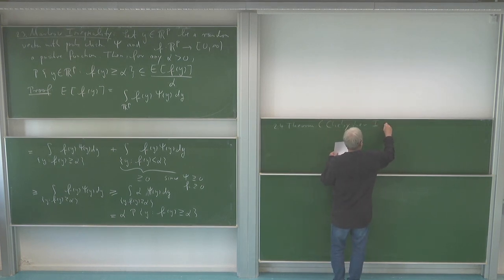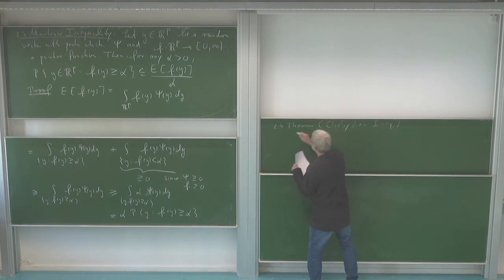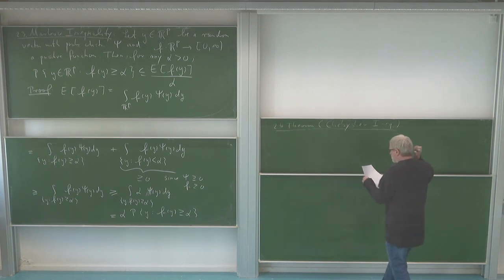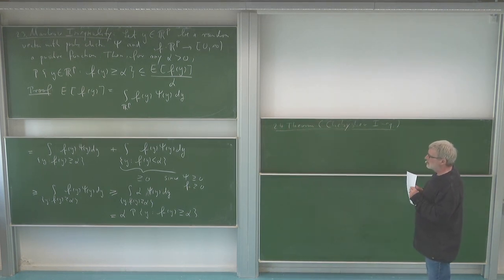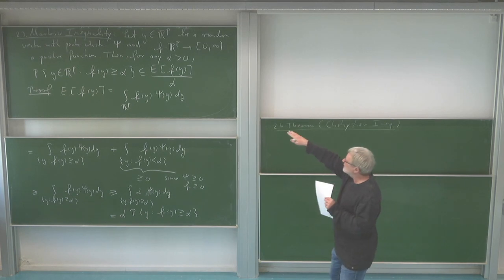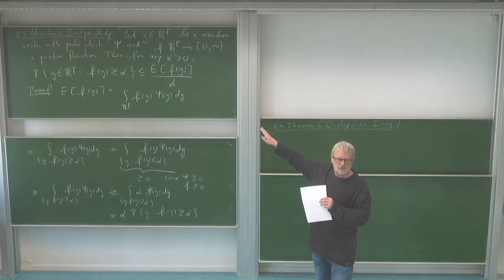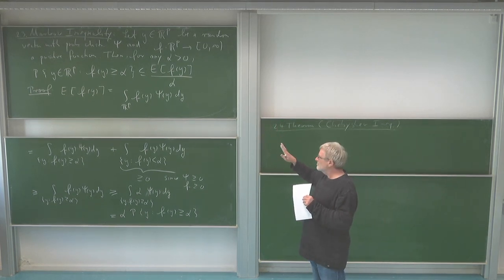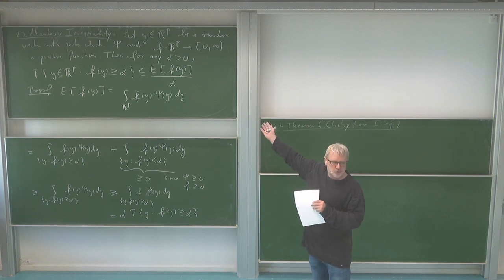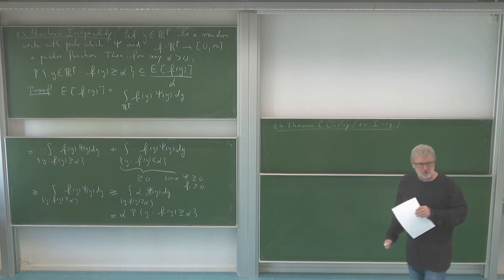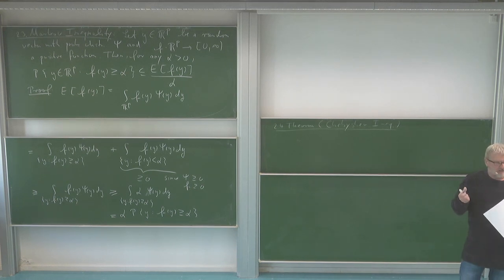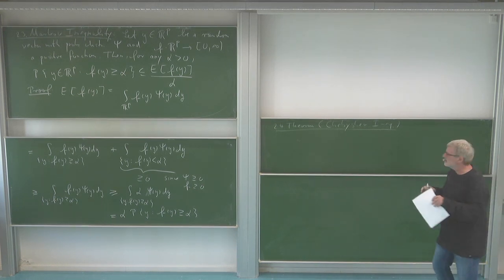Chebyshev inequality. There we assume, I didn't say here that the expectation should be finite. Of course, it could be that the expectation is infinite. Then it's still true, because then it's not saying much. In Chebyshev, I should assume that the expectation and the variance are finite numbers.